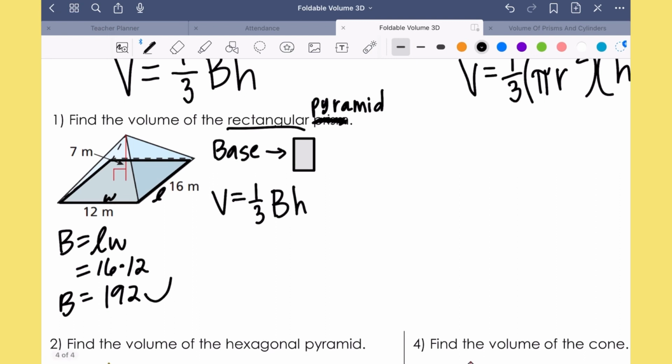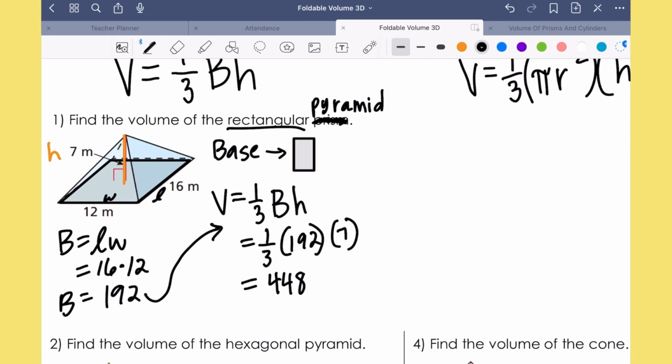Okay, and I'm going to bring that here. 192 times the height. So how far up does this pyramid go? How tall is it? 7 meters. Multiply that all together and we get 448 meters cubed.